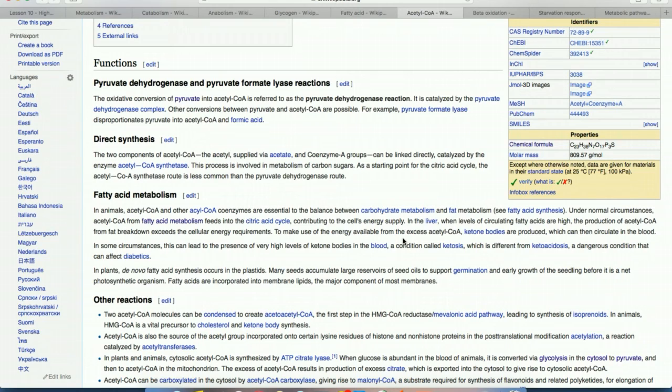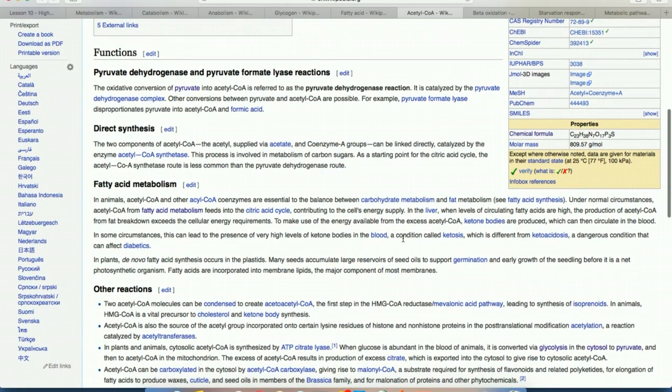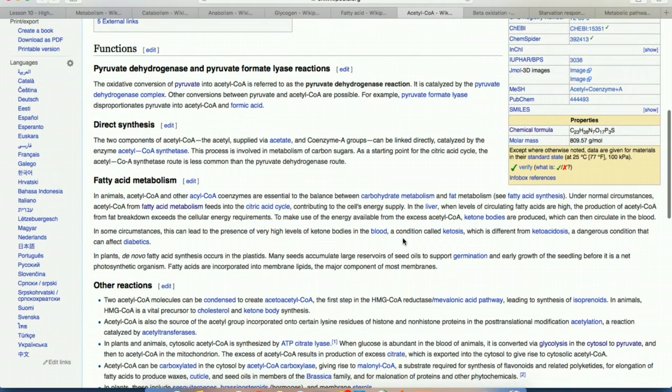It went twice around the cycle for each pyruvate, and then it went into the electron transport chain to produce the ATP.